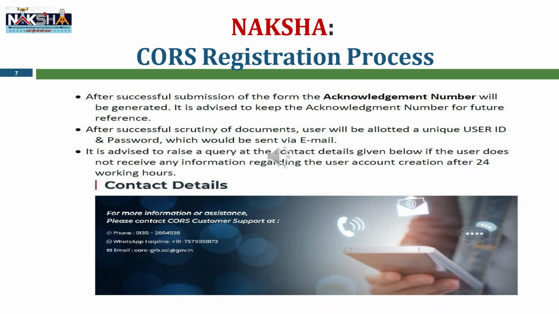User ID and password. After successful scrutiny of your documents, you will be allotted a unique user ID and password. These credentials will be sent to you via the email ID you provided in the registration form. Step 4. If you face any issue. If you do not receive any information about your account creation within 24 working hours, it is advised to raise a query by contacting the CORS customer support team using the details below.